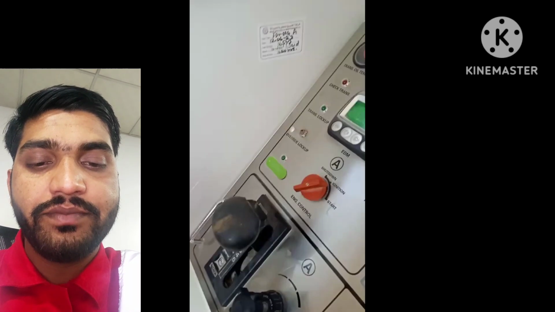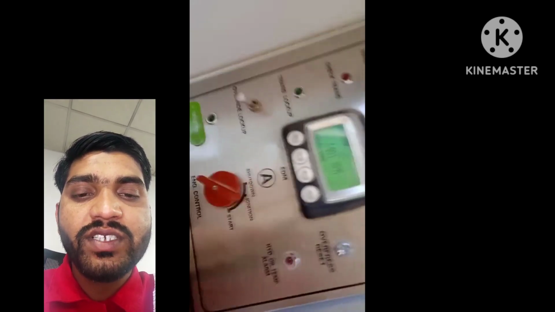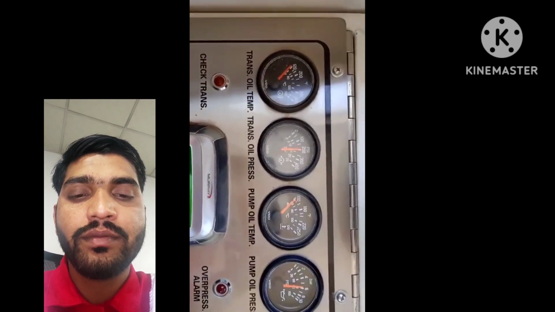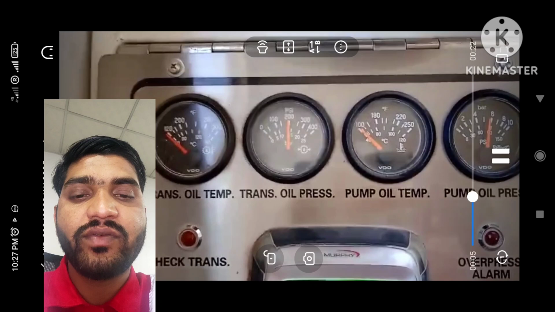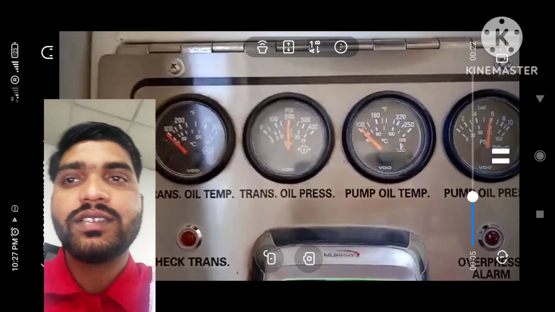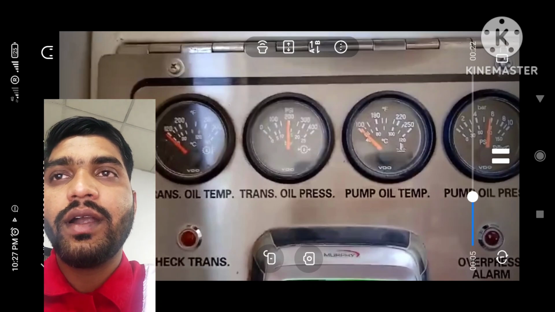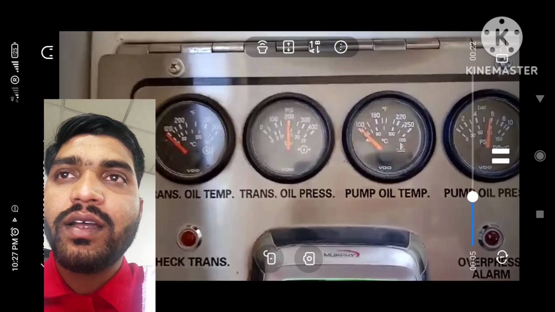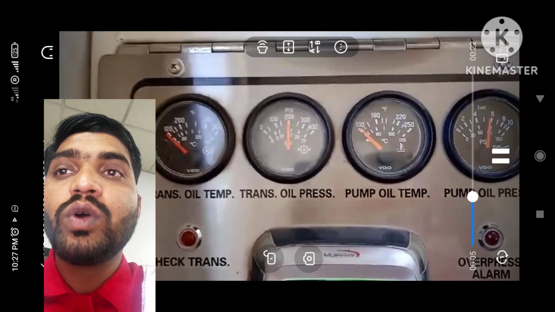Let's see. To fix this issue, we started both engines of the fluid pump. Here is the first engine, side A. At 1402 rpm, the pressure of the transmission oil is 200.